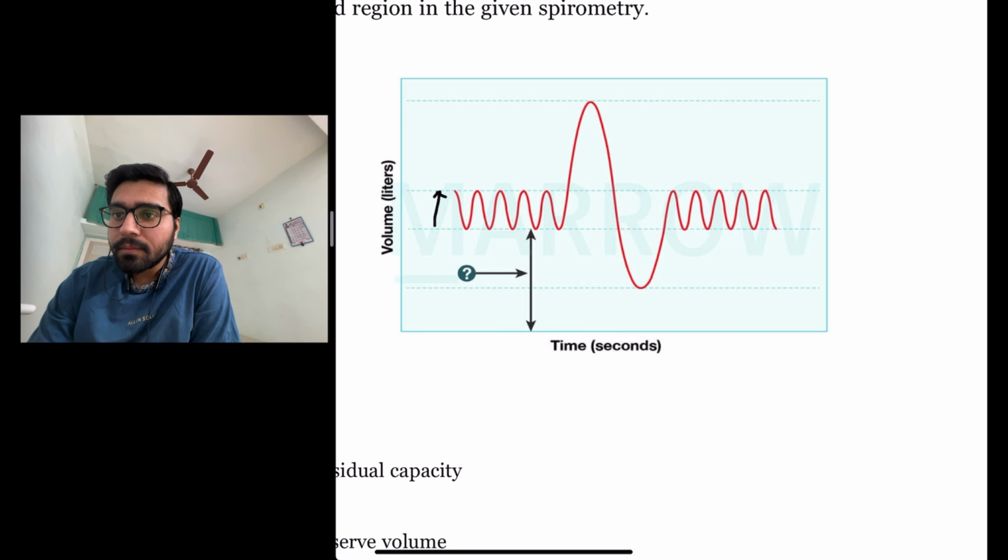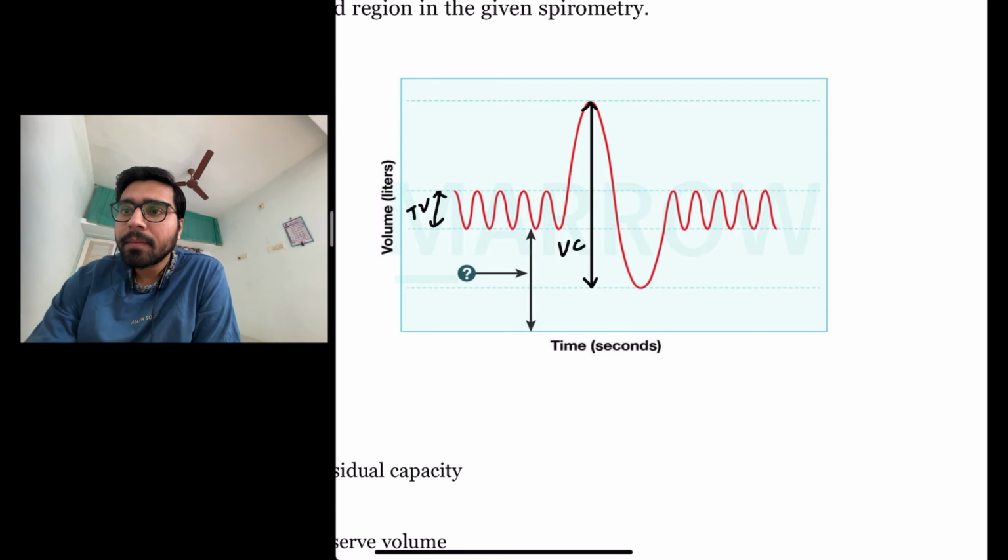This one is known as tidal volume. This one is known as vital capacity. This one is known as inspiratory reserve volume.